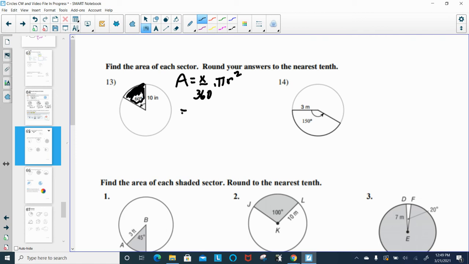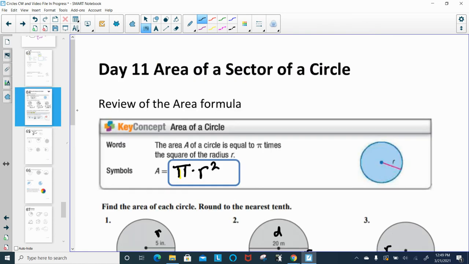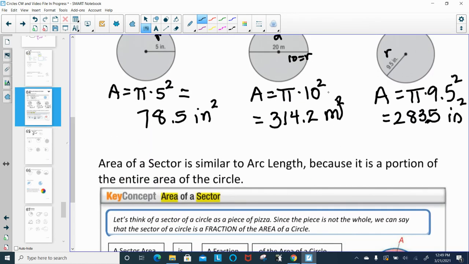So our x is going to be the 60. We've got 60 degrees out of the total 360. And do we have our radius? Yes, that 10 is a radius. Remember, we just did pi times 10 squared a couple of minutes ago, and it was 314. But that's for the whole circle.